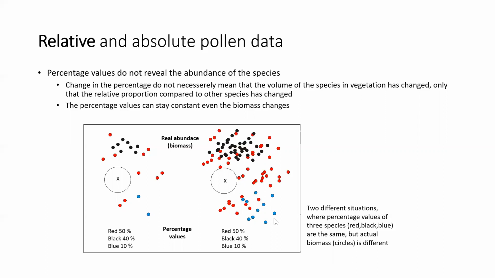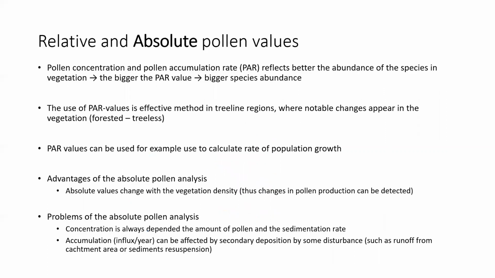So when we look at the relative pollen diagram, you have to keep in mind that it presents the change in the species composition rather than the abundance. And then absolute pollen values is when you actually can get the pollen concentration per, for example, square centimeter, or you can get the pollen accumulation rate.